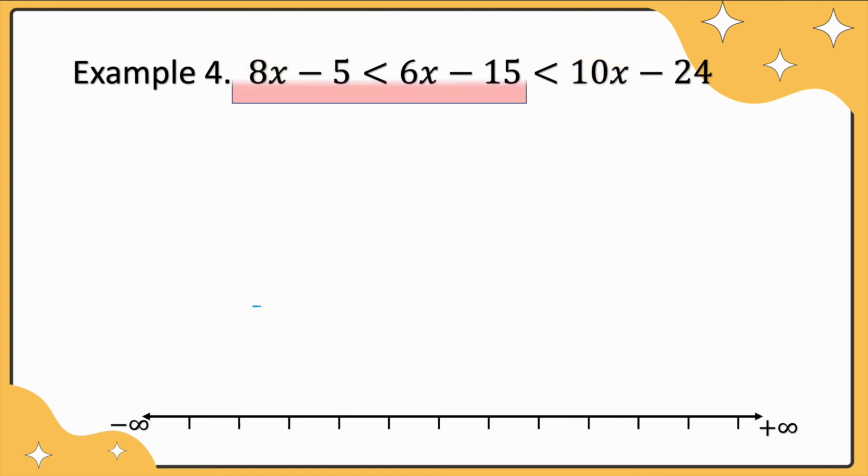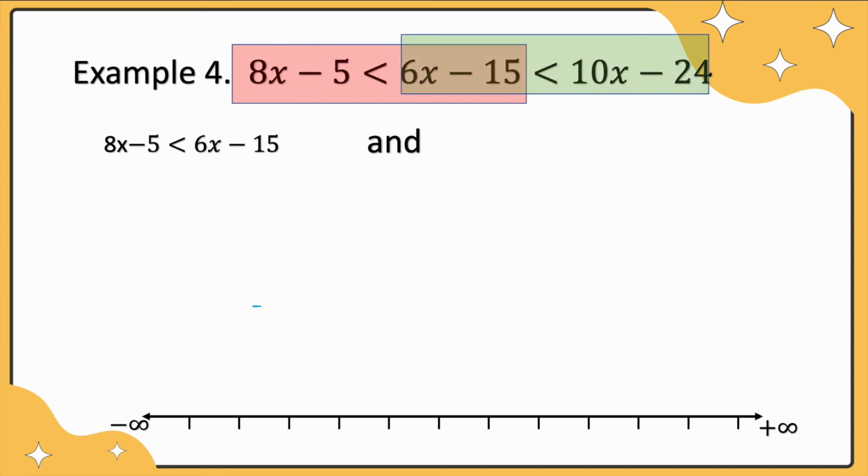So let's consider our first part, which is 8x minus 5 less than 6x minus 15. And our second part is 6x minus 15 less than 10x minus 24.